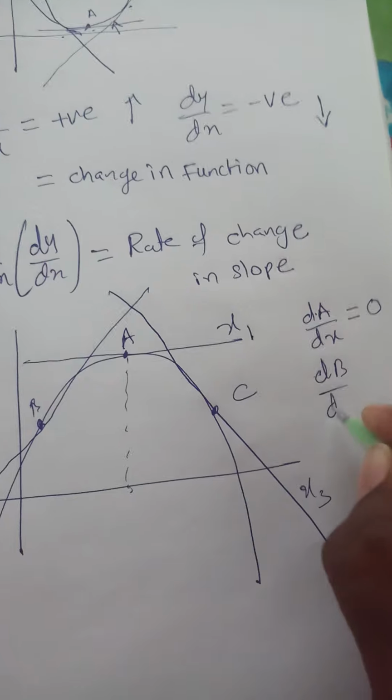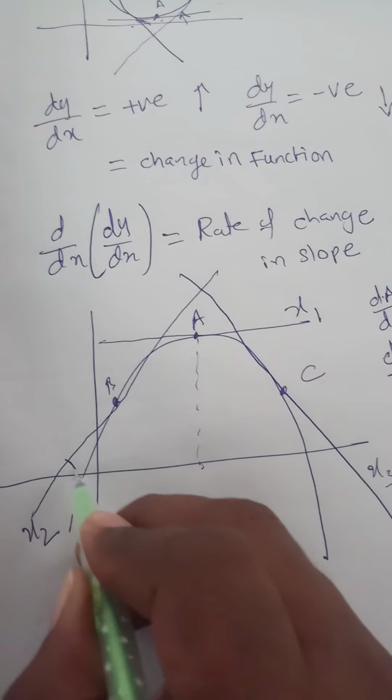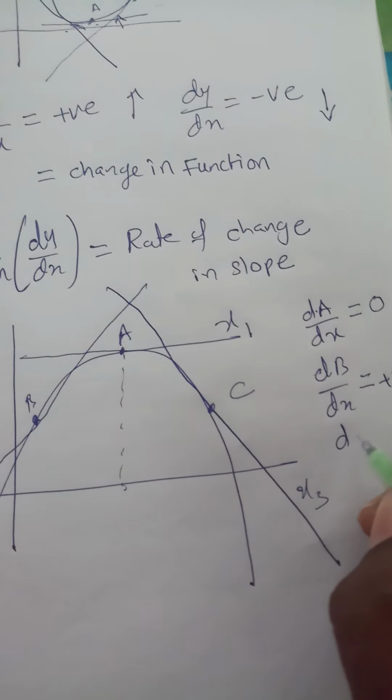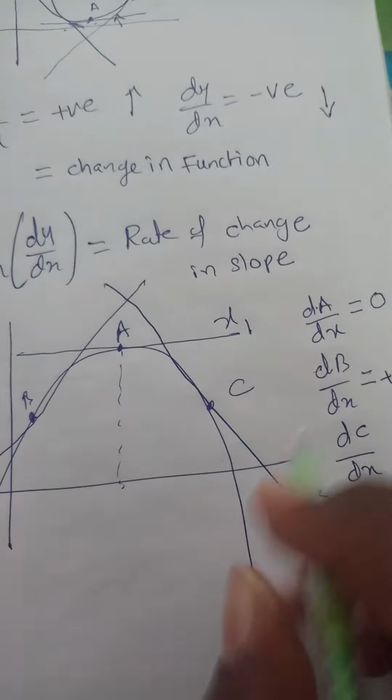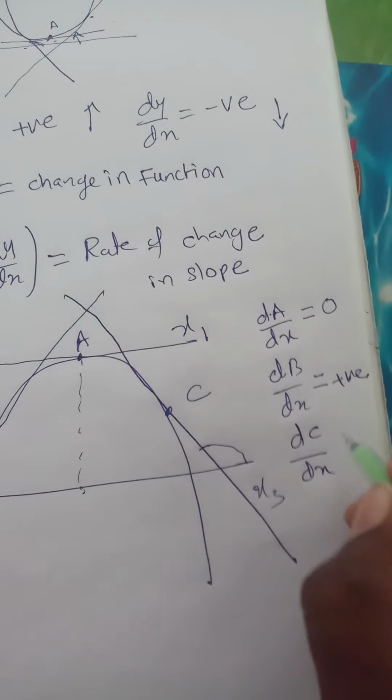At point B, the slope is in the first quadrant, so it is positive. At point C, the bend is in the second quadrant, so it is negative.